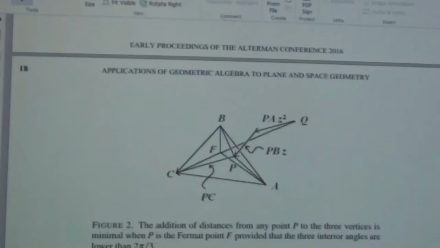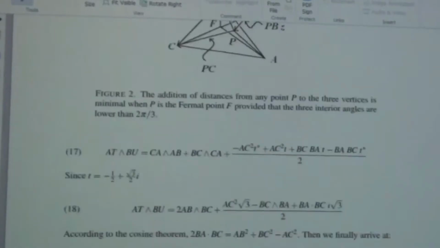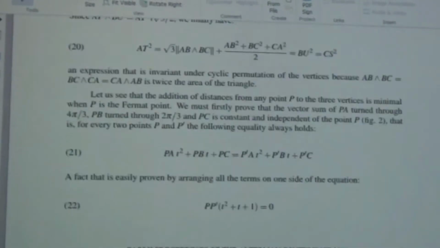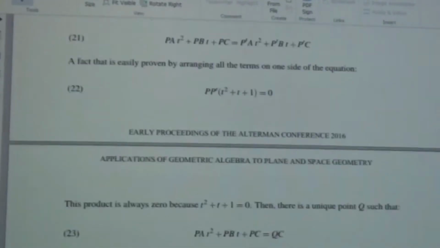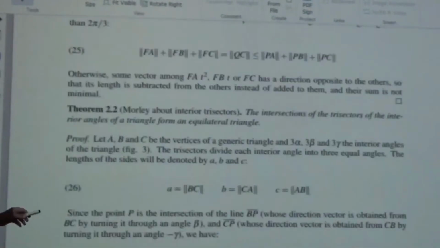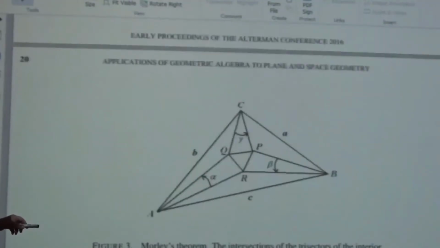For instance, the Morley theorem. From an algebraic point of view it has been very hard to prove, but we have found also a result. This is the theorem, and this is Morley's theorem.